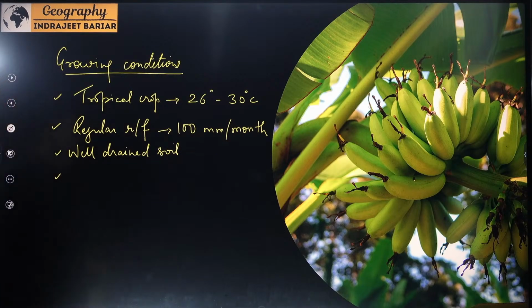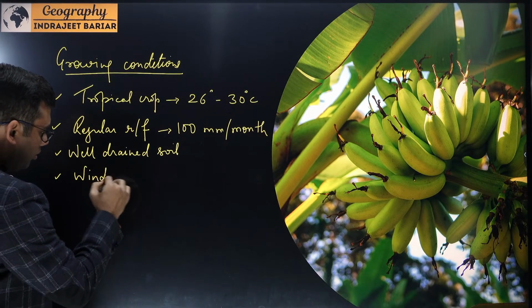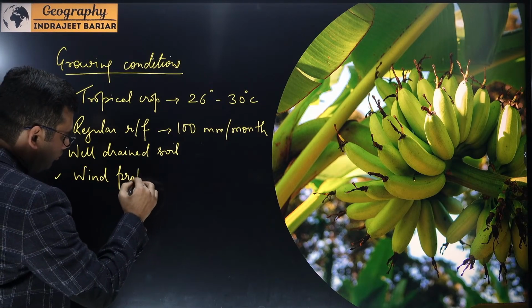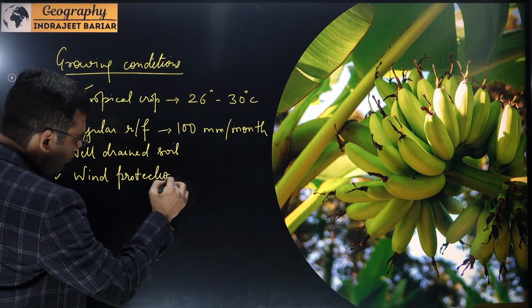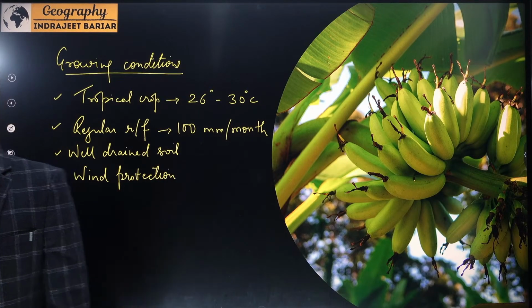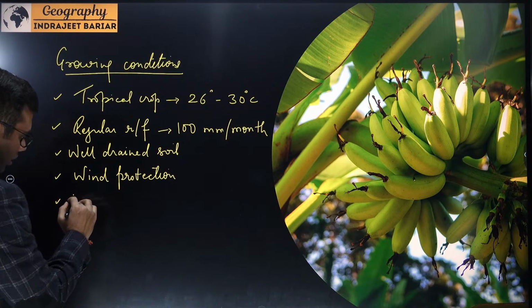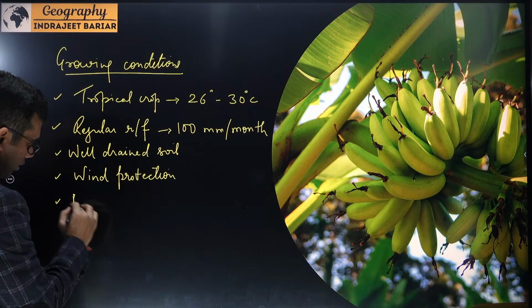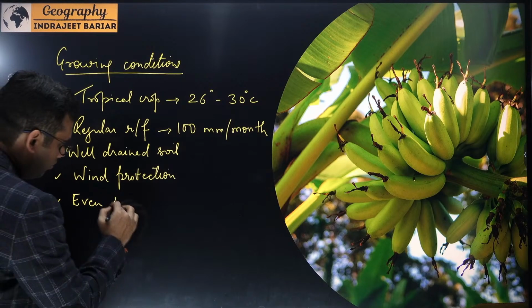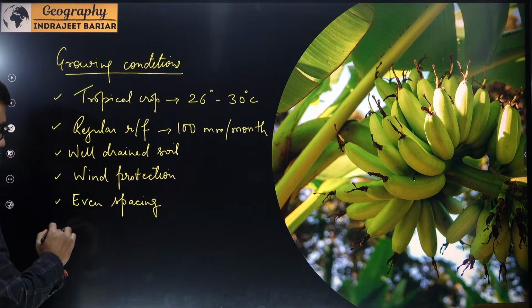Well drained soil, which can be loamy soil, is required. Then wind protection for banana crops. Plus even spacing between the banana crops, so even spacing is required.